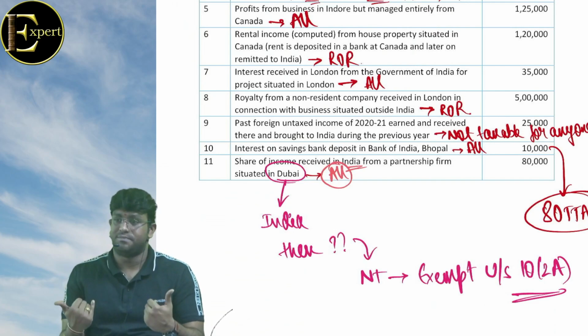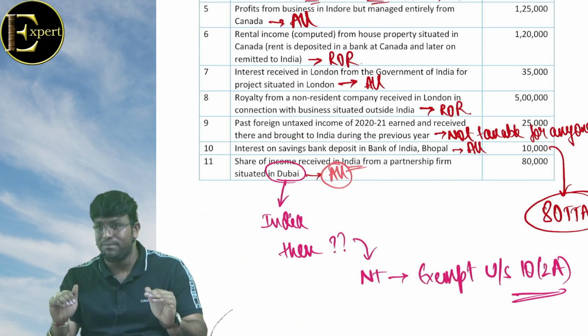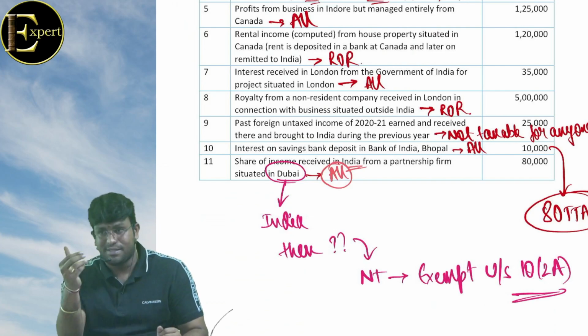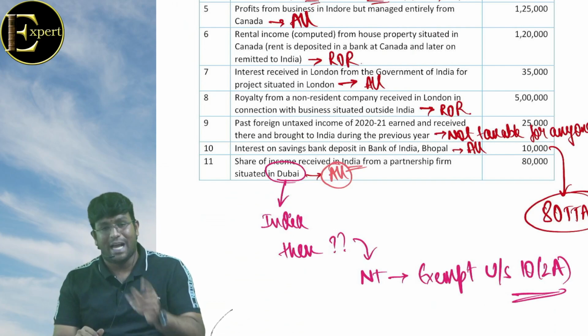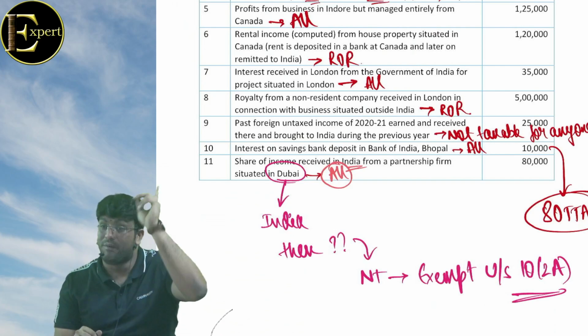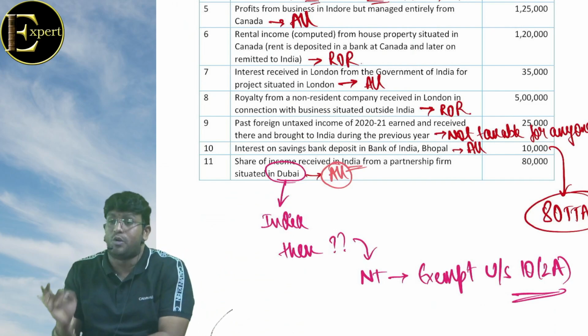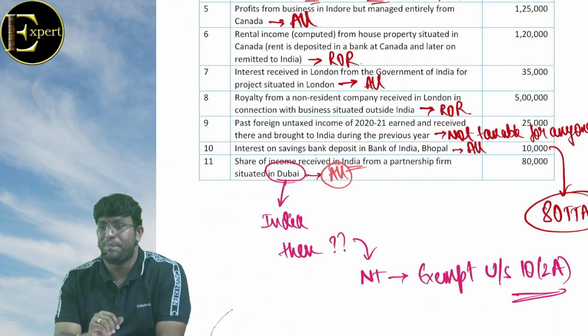Classic example, Shiva Teja. I'm a partner in a partnership firm where I'm doing practice. Salary I'm getting, profit I'm getting. On salary I'm paying tax because salary is already a firm book expense. But for share of profit, I'm not paying tax. It's exempt in my hands under section 10(2)(a).